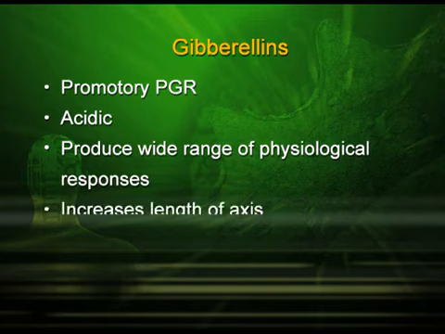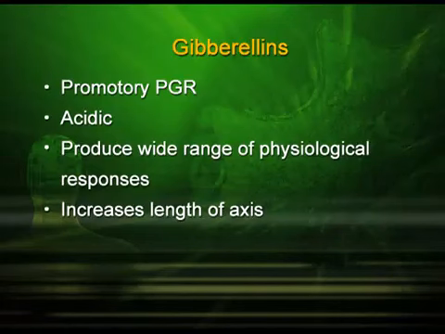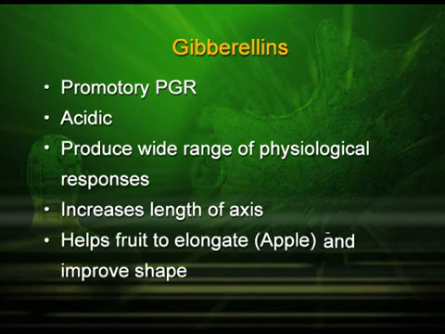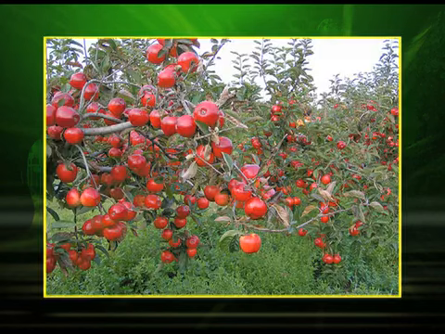It increases the length of axis. It is sometimes used in grape plants to make bigger axis with the grapes. It helps fruits to elongate, like apples are round, but with the help of this particular PGR, the apple will become a little elongated, so a better shape is achieved.